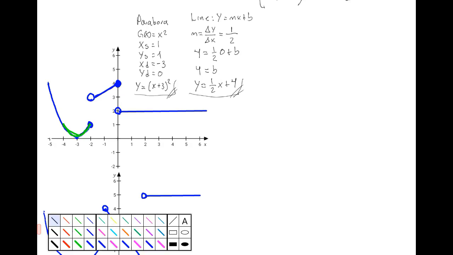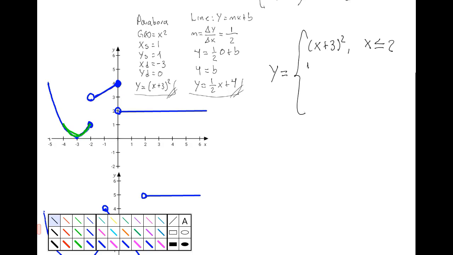Okay, now let's write the formula of the piecewise function. The first function is the parabola, that is (x + 3) squared, and it is for the interval from negative infinity to negative 2. So it's for values that are less than or equal to negative 2, because we are including the negative 2 in this parabola.